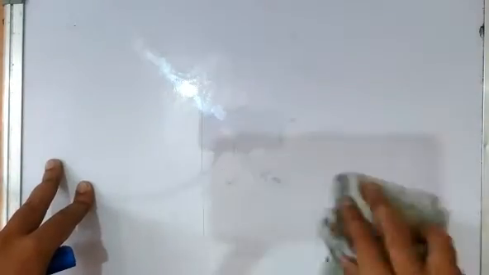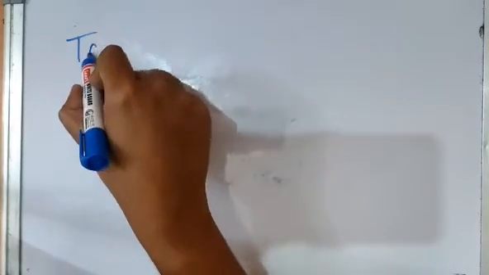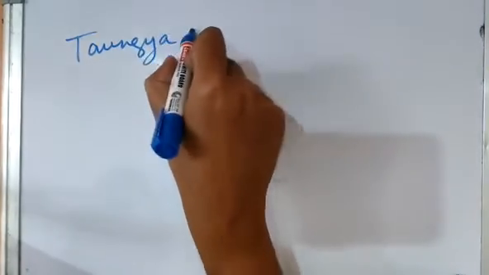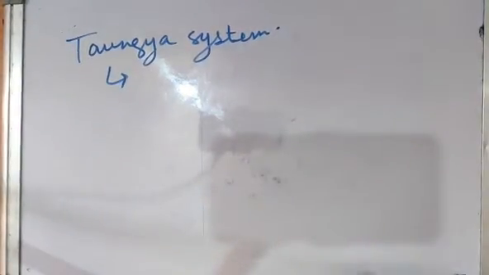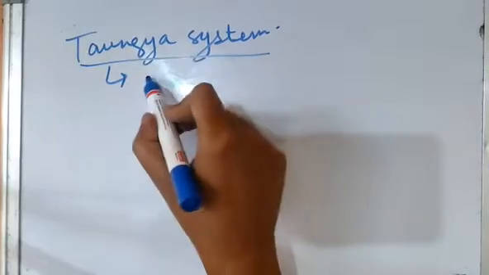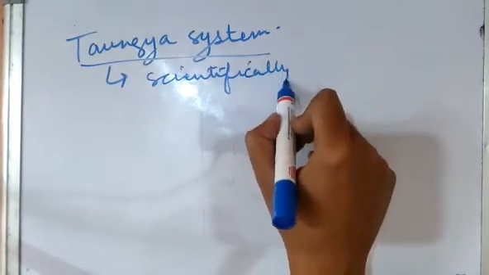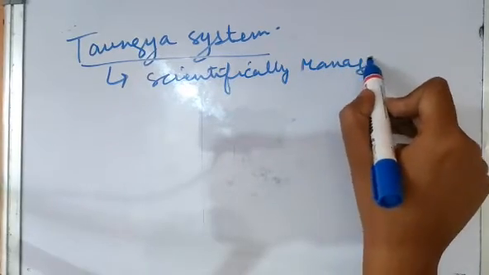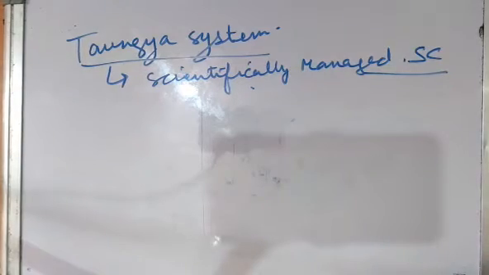Now moving on. Tongia system. You can say it is scientifically managed shifting cultivation.